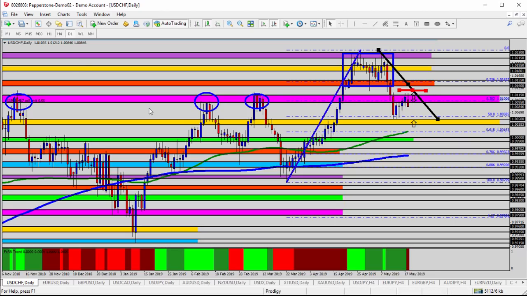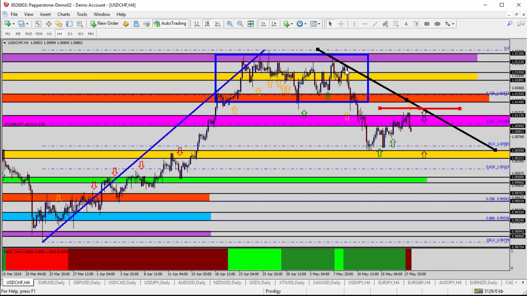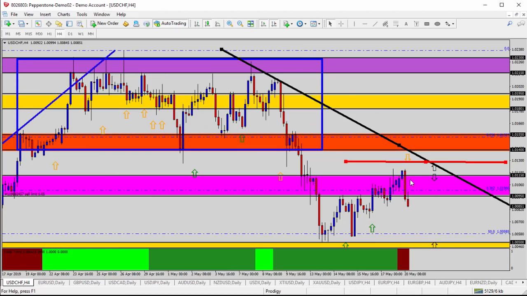On the 4-hour time frame, it's not really going to change that any, but I think it's interesting today that we're seeing that sudden infusion of sellers. Look at this. We opened the last candle above 1.0115, and boom, the sellers came back in, driving it back below the 1.0095 bottom of our pink shaded area.